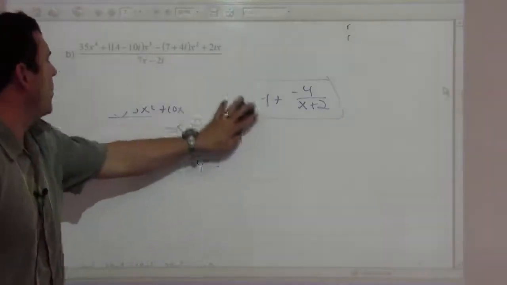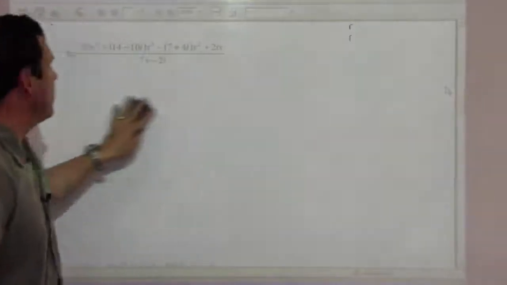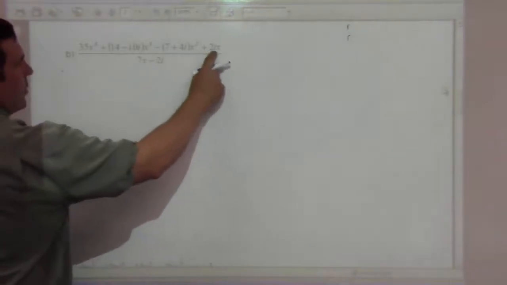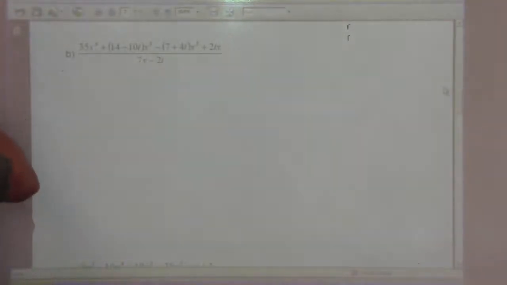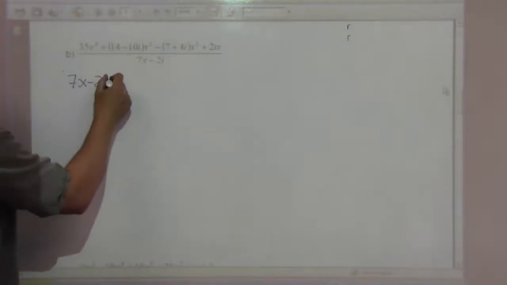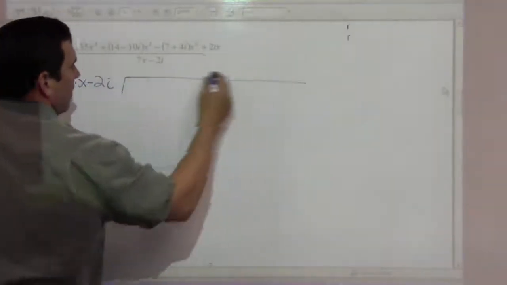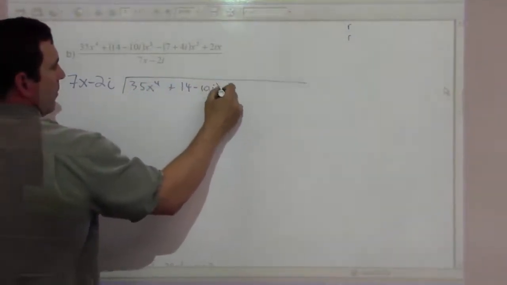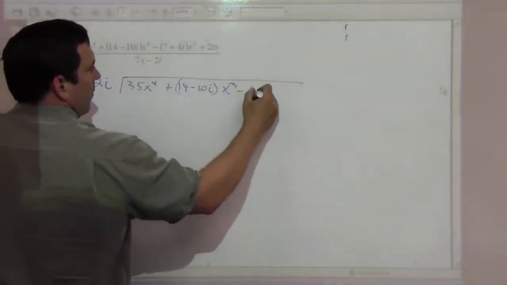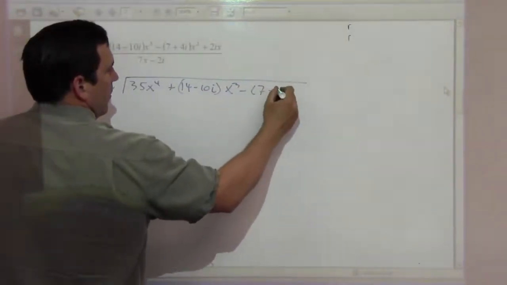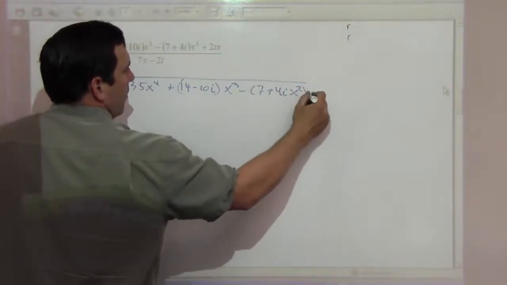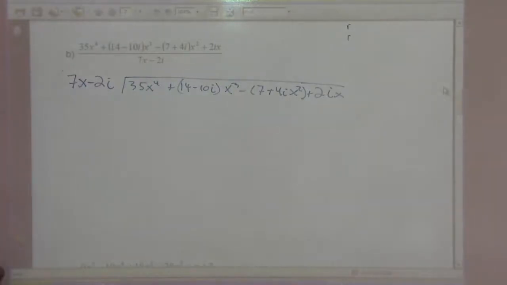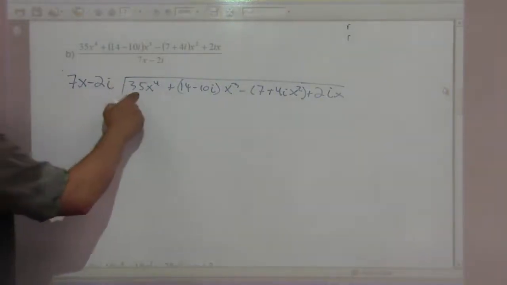35x to the fourth plus the quantity 14 minus 10i x cubed minus the quantity 7 plus 4i x squared plus 2ix divided by 7x minus 2i. Okay, 7x times what is 35x to the fourth?